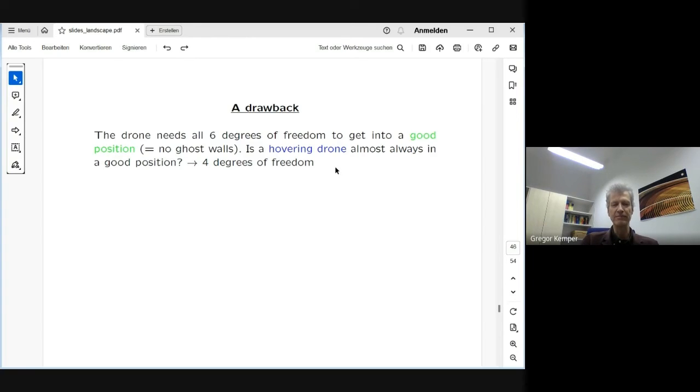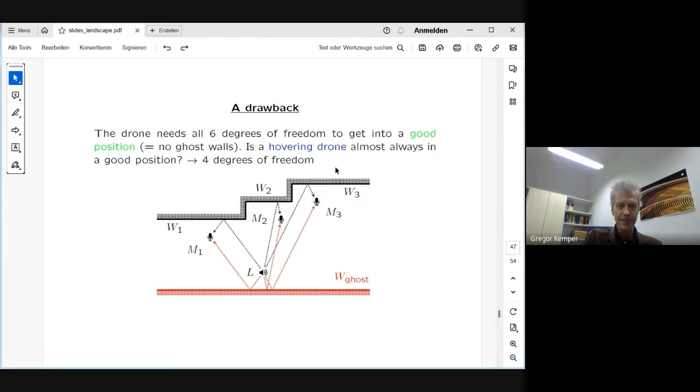Fewer degrees of freedom means fewer possibilities to get out of the bad position. And here's again the bad position that we had. Now I'd like you to consider this situation, and just imagine in 2D, these 3 microphones are mounted on a drone, and now they have the 4 degrees of freedom, which means they can somehow turn horizontally around.